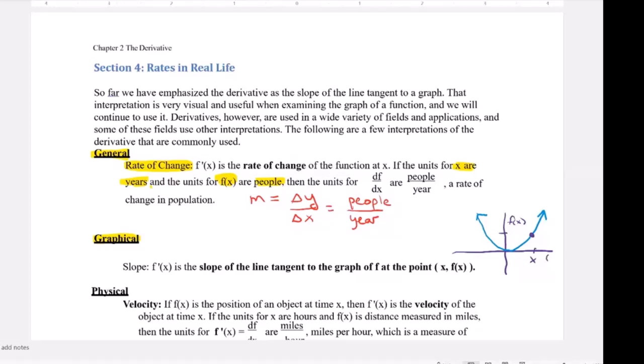Actually, X is in nothing. X is just X. So the rate of change will be the slope of the line tangent to the curve at that point. So I'm going to try to make a line that hits just that point once. Not too bad. Right? This is the tangent. And if I could find the slope of that line, I would know the instantaneous rate of change because it's happening just at that point, instantaneous.